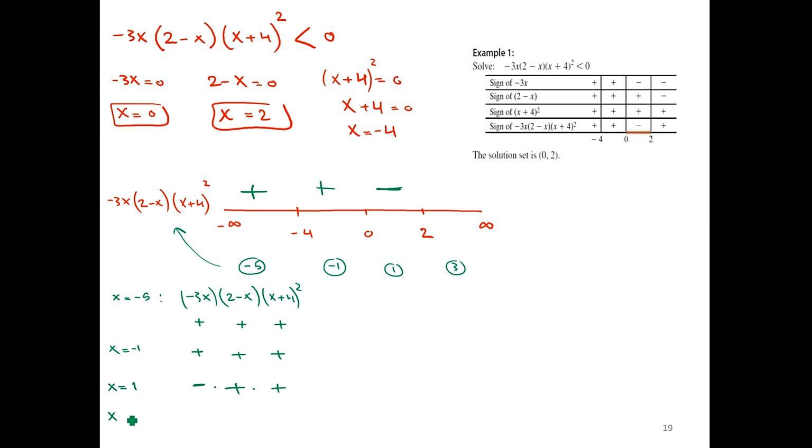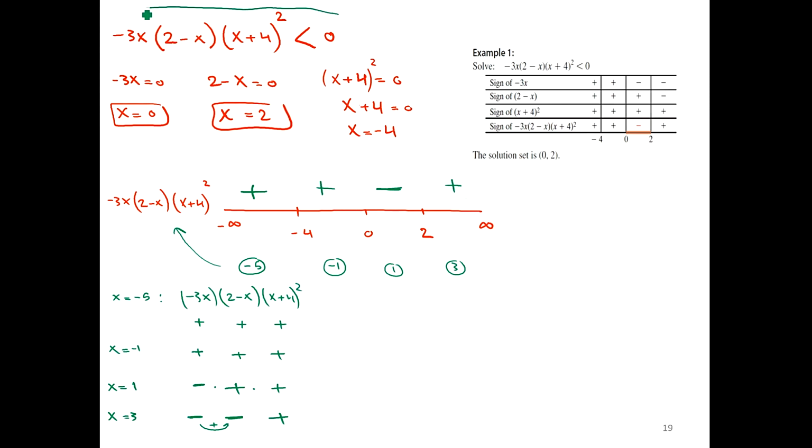After substituting x equals 3, we have minus 3 multiplied by 3, negative, and 2 minus 3 also negative. 3 plus 4 is 7, squared is 49, positive. Negative times negative is positive, times positive is positive. So we have positive.